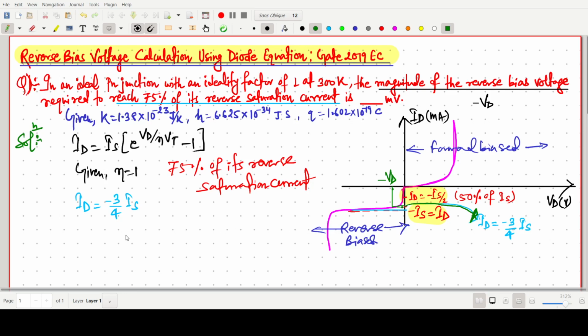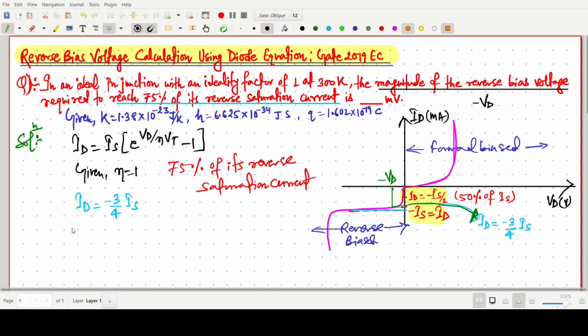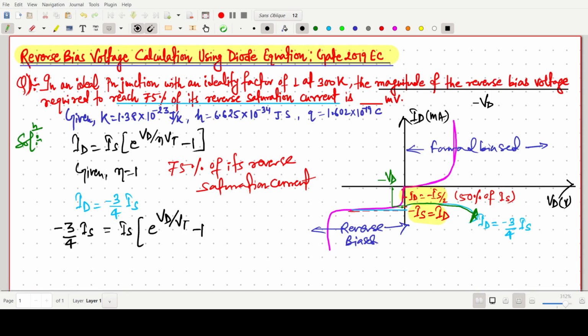So what do we have to write now? We have everything. The ID value will be minus 3 by 4 times Is, 75% of the reverse saturation current. Then write Is e to the power Vd, which we have to find, so no need to worry. Then eta will be 1, so minus 1.